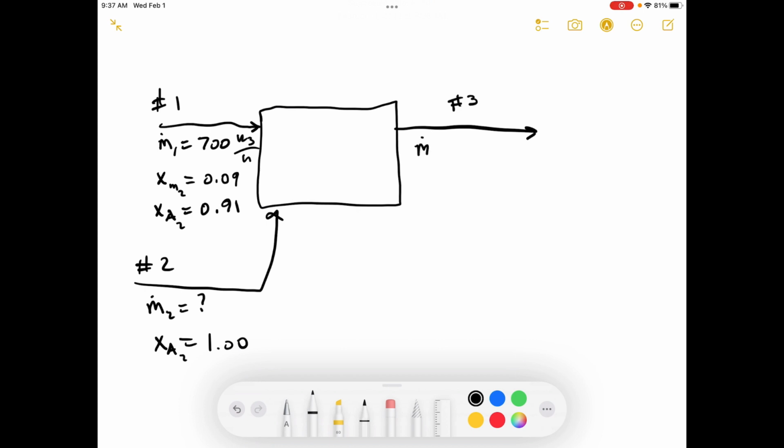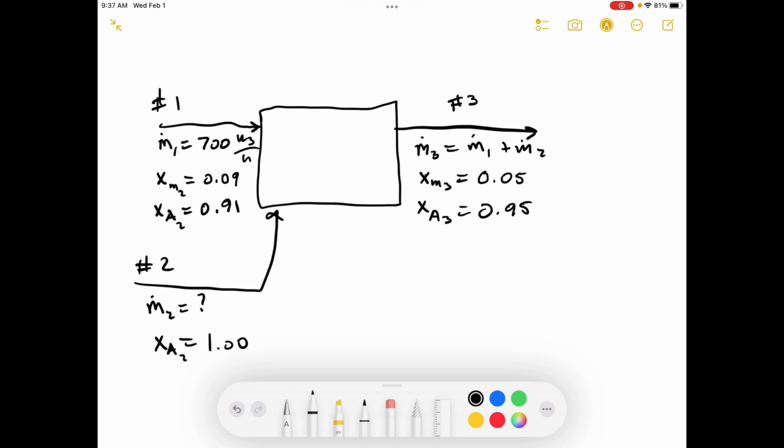It has a mass flow rate that's equal to mass flow rate 1 plus mass flow rate 2. It said that we need to reduce the methane to the lower limit, which is 0.05 mole fraction. So x_M3 needs to be at least this much, which means that the rest is air.